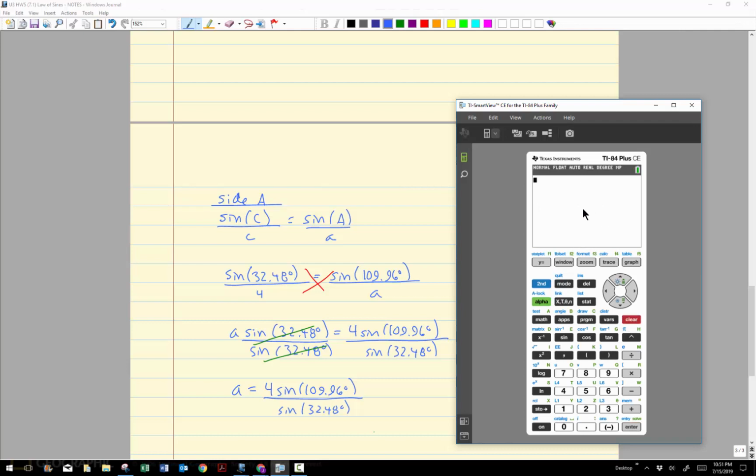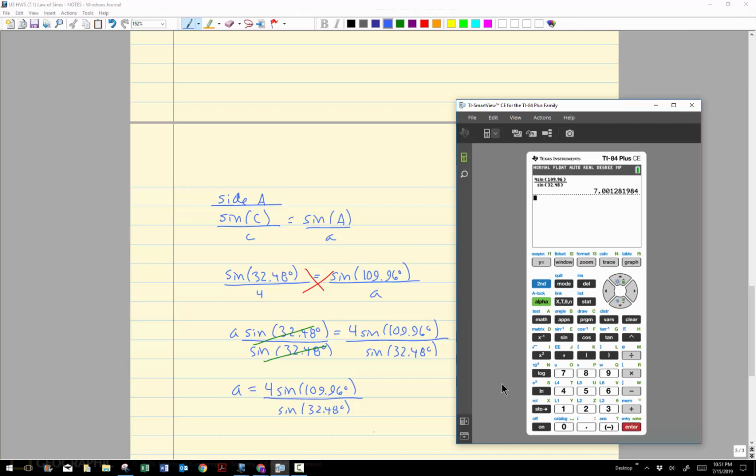So I have 4 sine 109.96 degrees, and I am in degree mode, and the denominator would be the sine of 32.48 degrees.